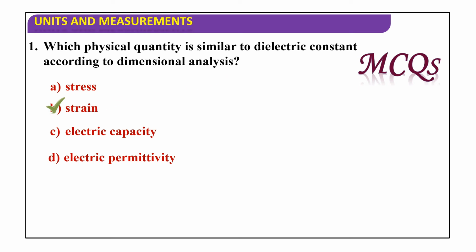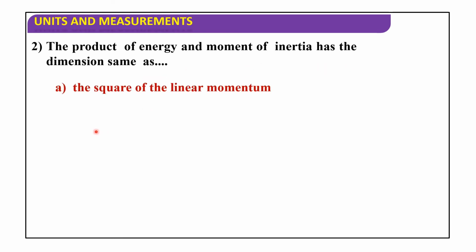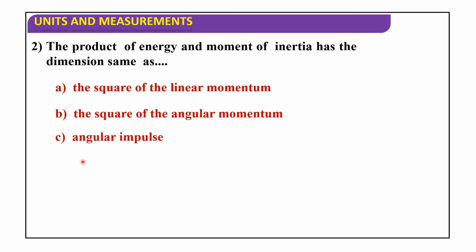Okay. Next, the product of energy and moment of inertia has the dimensions same as: the square of the linear momentum, the square of the angular momentum, angular impulse, Planck's constant. The product of energy and moment of inertia has the dimensions same as the square of the angular momentum.